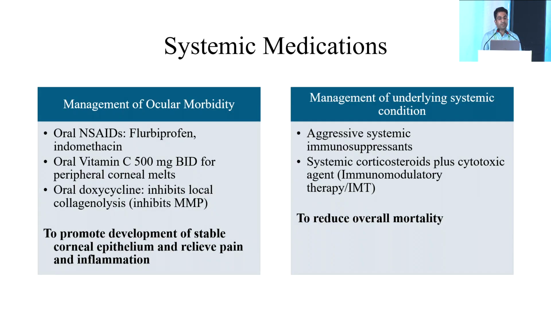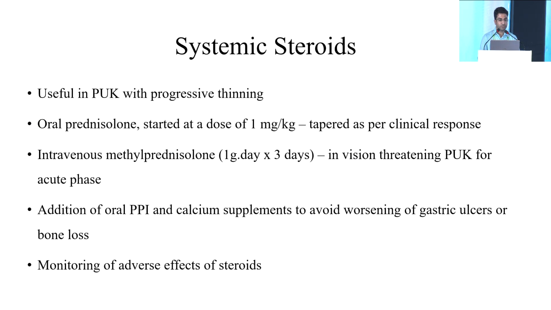Other systemic medications like oral NSAIDs, vitamin C, and doxycycline can be used. And as I said, aggressive systemic immunosuppression and corticosteroids can reduce the morbidity. Systemic steroids can be useful in PUK with progressive thinning.